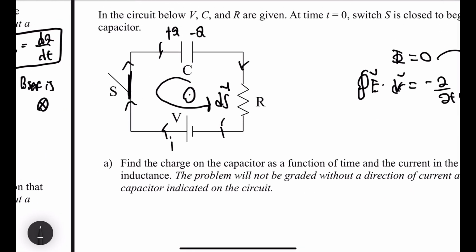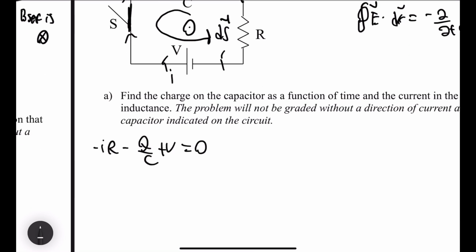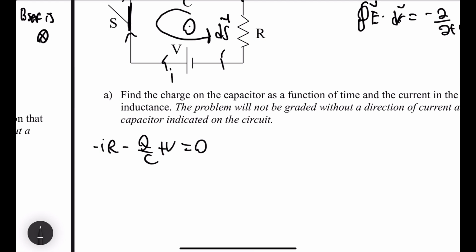If I go around the loop, I'm going to get negative IR, right? And then I'm going to get minus Q over C. And then I get the positive part of the battery, so that's plus V is equal to 0. Then I can move these two to the right. So I get IR plus Q over C is equal to V.